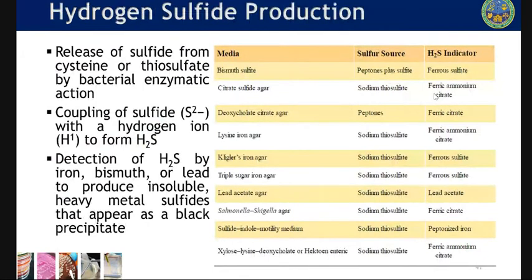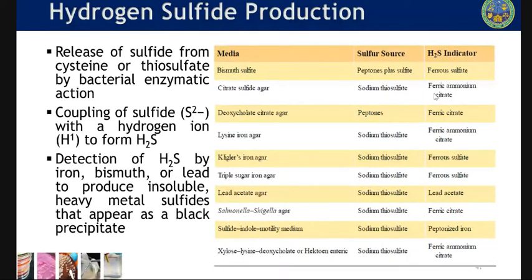I've been telling you most of the indicator dyes, but I have a table here for the different H2S indicators for different media. As I said a while back, for triple sugar iron agar, we have ferrous sulfate, same with Kligler's iron agar, and then ferric ammonium citrate for lysine iron agar, and then the rest.